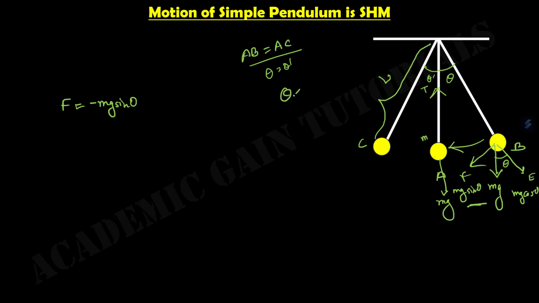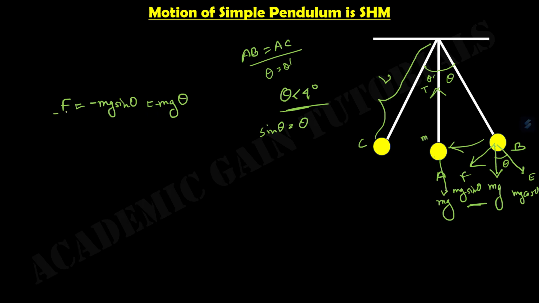It must not be greater than 4 degrees. It will always be less than 4 degrees. So in this case, sin theta will be approximately theta, because theta is very small. For this reason, we can write this as minus mg theta.